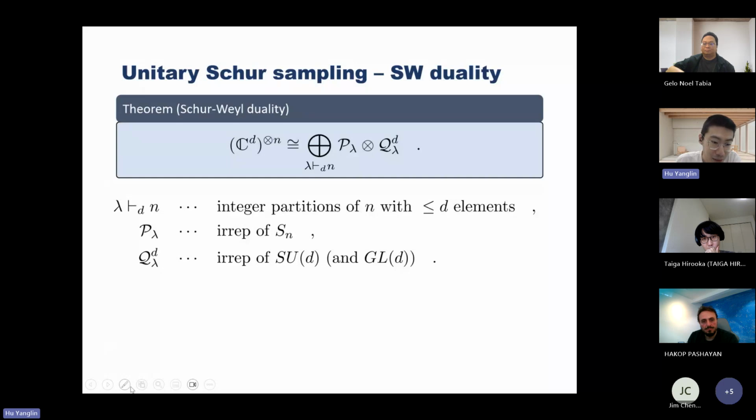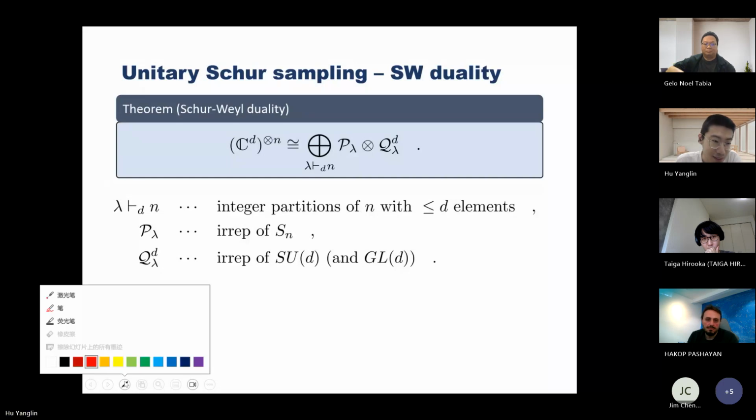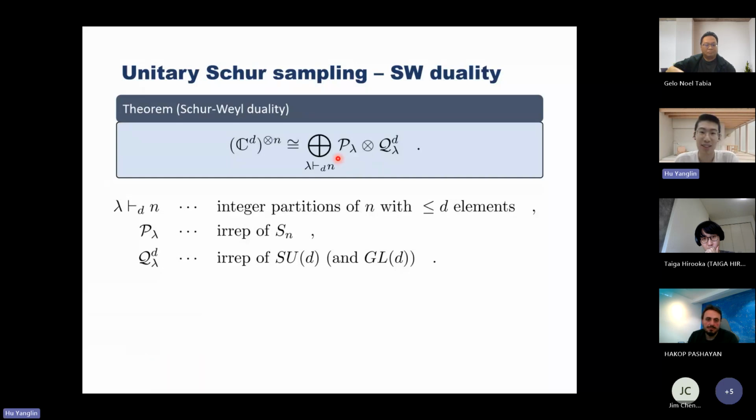Each subspace is denoted by some lambda. Maybe I just call this lambda the label for the subspaces. On each subspace it is in a tensor product form, P lambda tensor Q lambda, where P lambda is the representation of the permutation group.